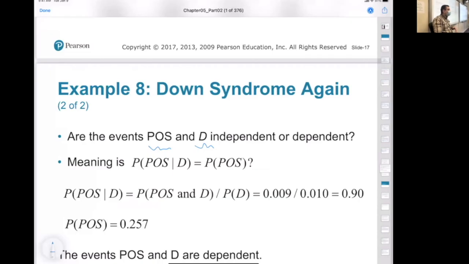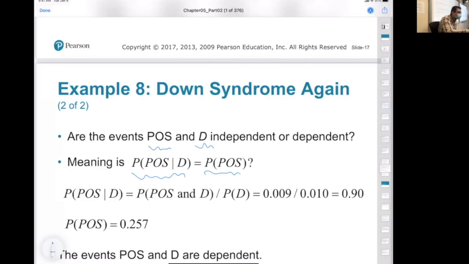So here you have, of course, our three rules. You can pick any one of them and try to apply it. So for example, here we will check if the probability of positive given D is equal to the probability of positive.